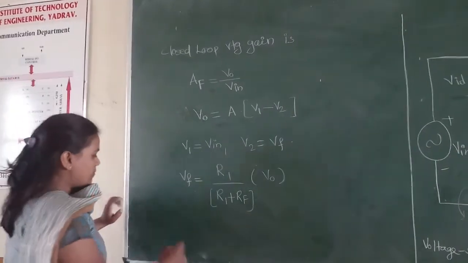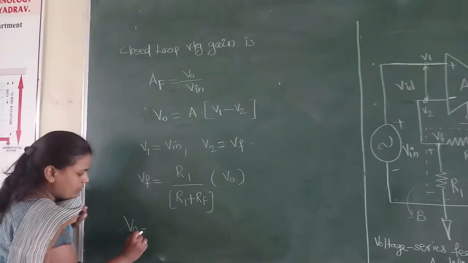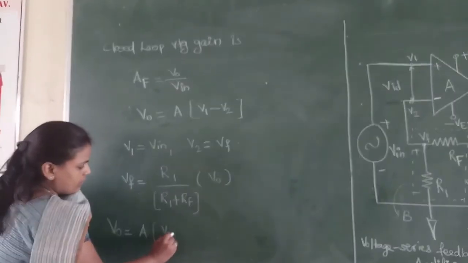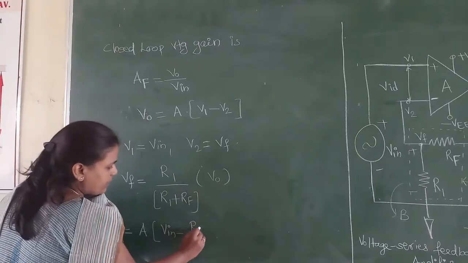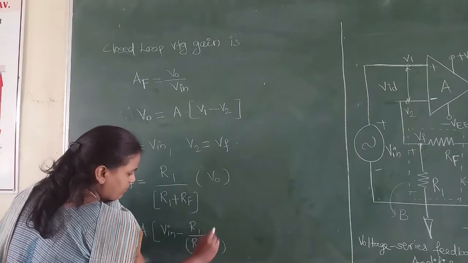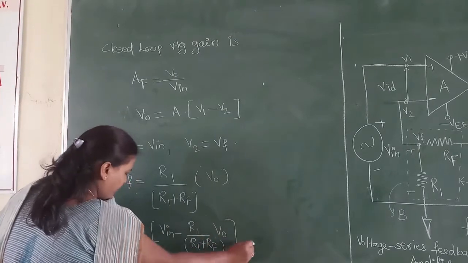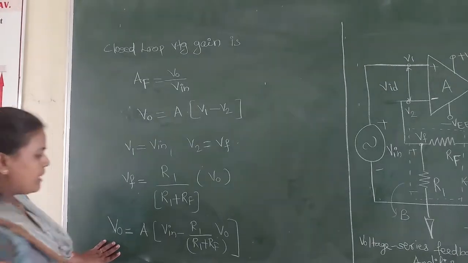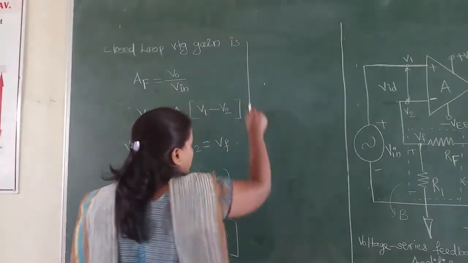Into this equation, my output voltage V0 is equal to A into the bracket Vin minus R1 divided by R1 plus RF into V0. Now we have to bring all the V0 terms to one side.